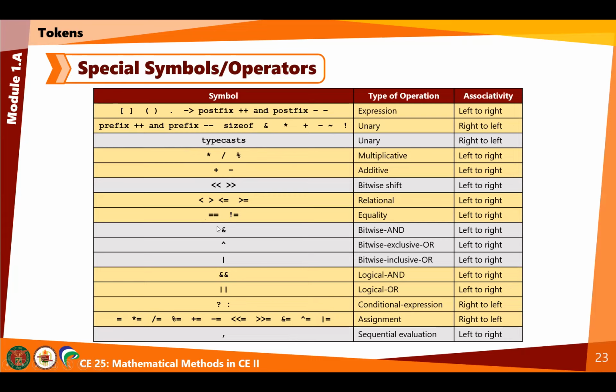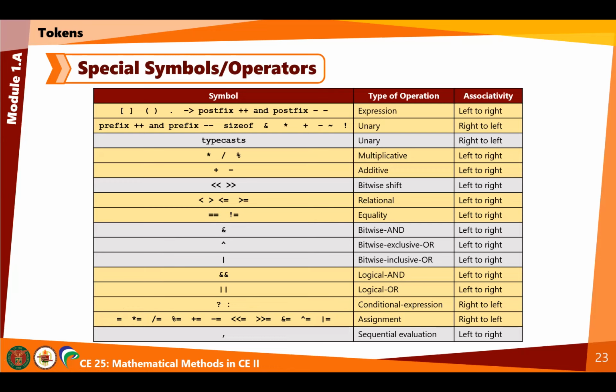Also this one, I just want to take note, yung equality and this assignment. So you can see here, double equal sign, and then here, single equal sign. So they have different meanings in C, no?